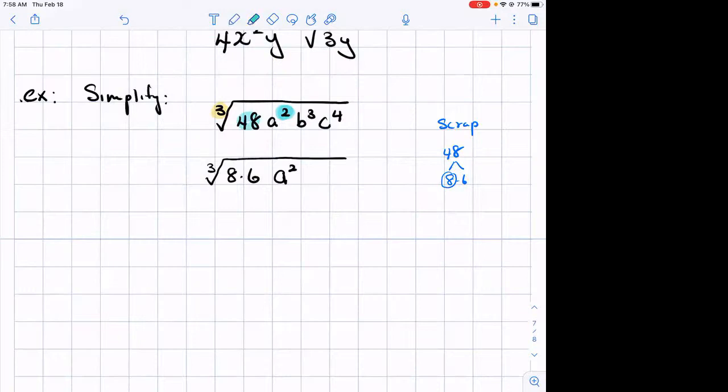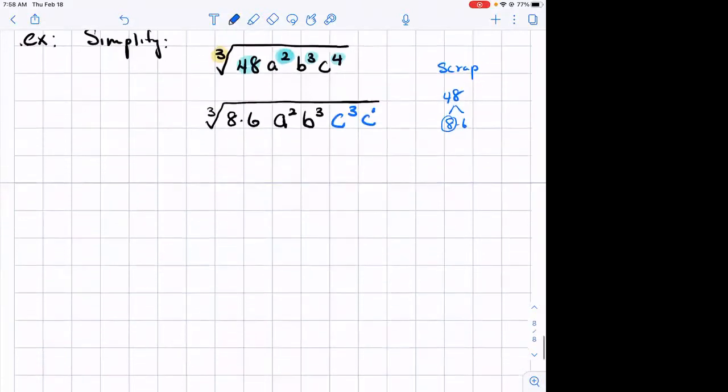Okay, we look at the next power, b to the 3rd. 3 is divisible by the index 3, so that can be simplified. And now if you look at c to the 4th, okay, 4 is not divisible by 3, but I can rewrite that as c to the 3rd times c to the 1.